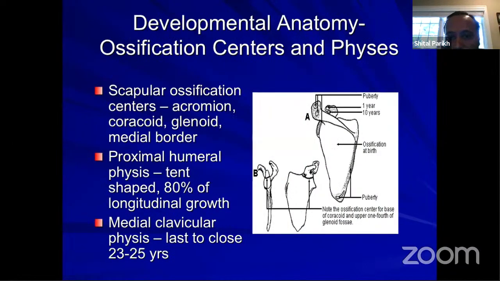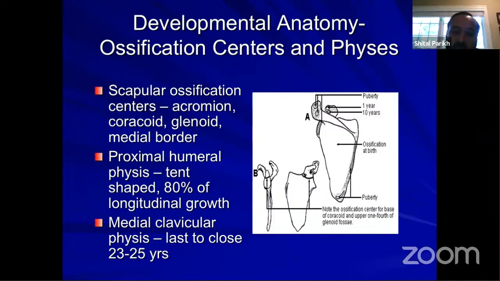We'll start with some anatomy, where you need to know what the normal ossification centers and physes are around the shoulder. One reason is that you may be called for a fracture when it's actually not a fracture, just a normal physis. That happens often when someone has an injury and you're called to evaluate, and the CT or the MRI shows, for example, a coracoid base fracture.